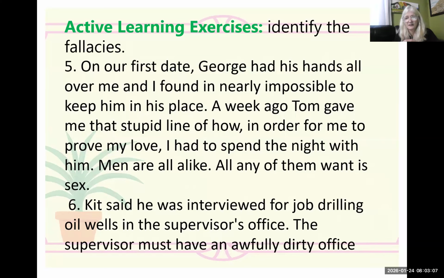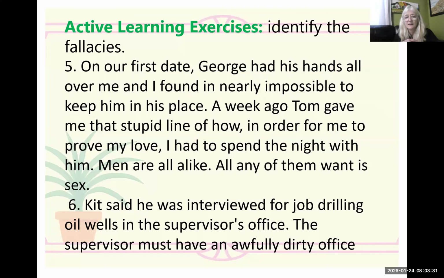On our first date, George had his hands all over me, and I found it nearly impossible to keep him in his place. A week ago, Tom gave me that stupid line of how, in order for me to prove my love, I had to spend the night with him. Men are all alike. All any of them want is sex. Next, Kit said he was interviewed for a job drilling oil wells in the supervisor's office.